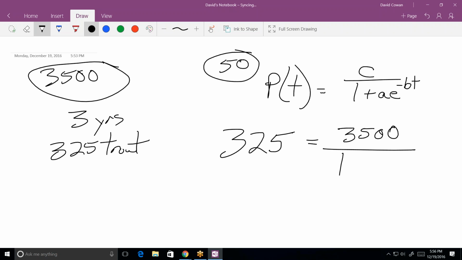All over 1 plus. Did they tell you what A, B, and C were anywhere? No, it did not. I'm going to have to get out my book. Hold on a second. Pretty sure that C, I think C is the limiting number, which was 3,500, right?